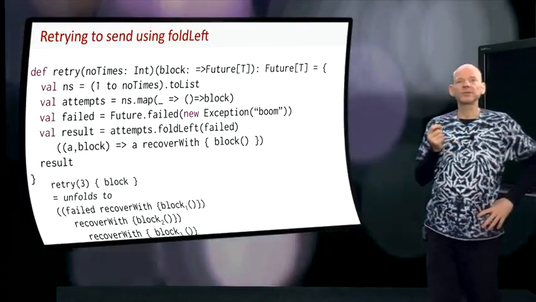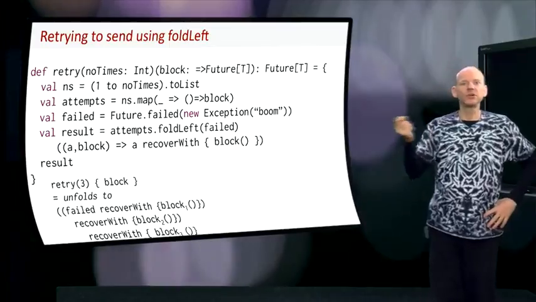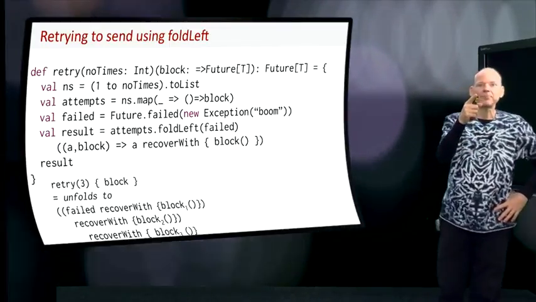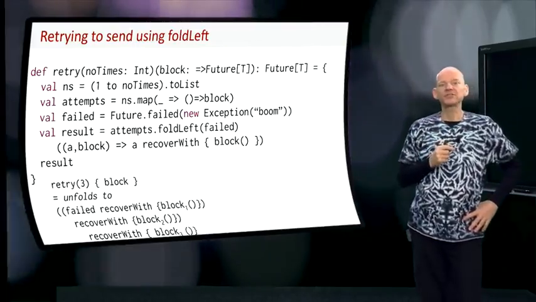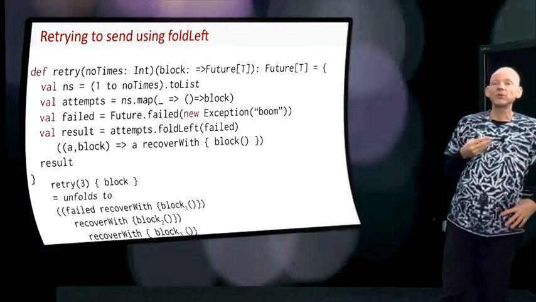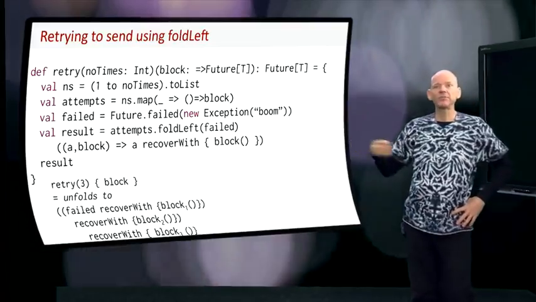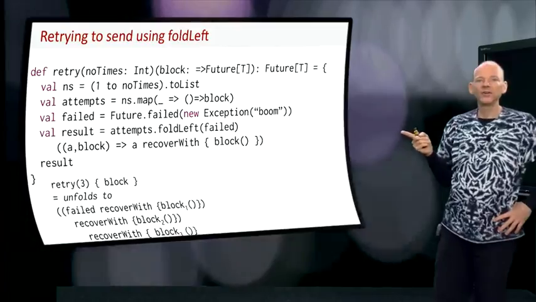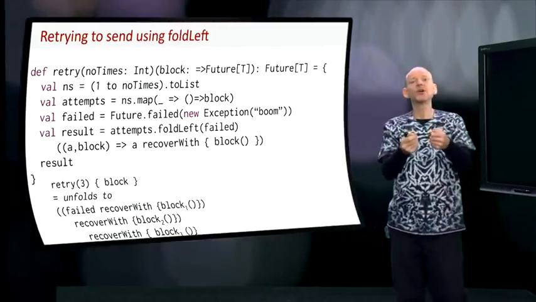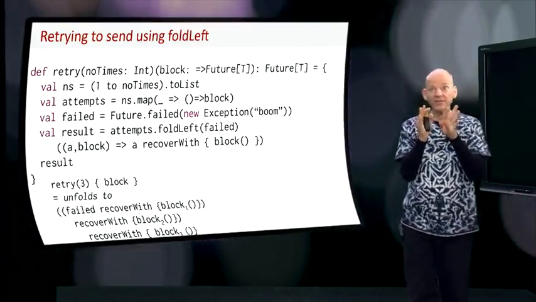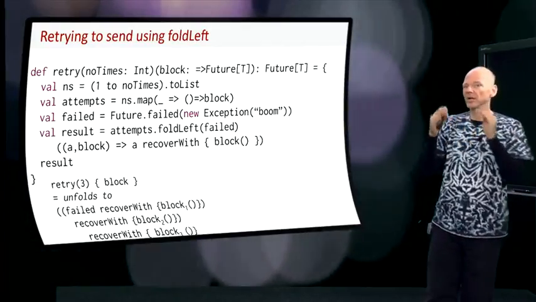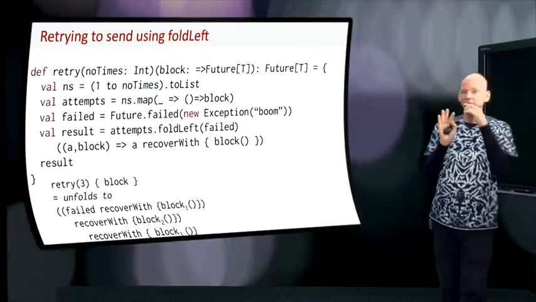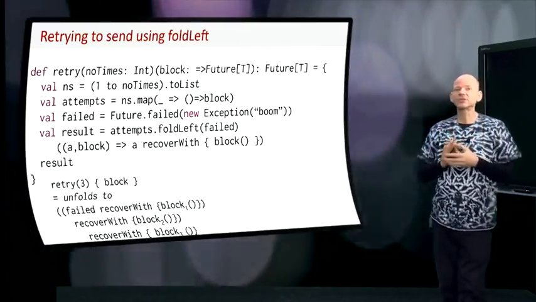Then we map the block over that list, so now we get a list of n blocks. Notice that we're putting the block under a unit arrow because we don't want to execute a block just yet. We want to execute them one by one because every time we execute, it might have side effects. So we have to be very careful to delay the execution of the block.